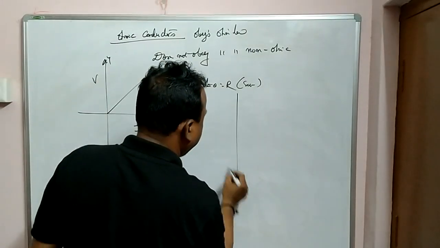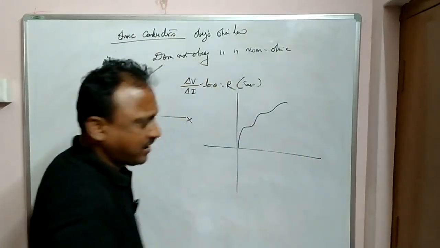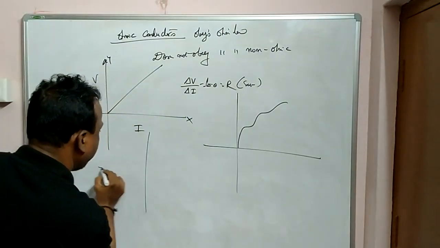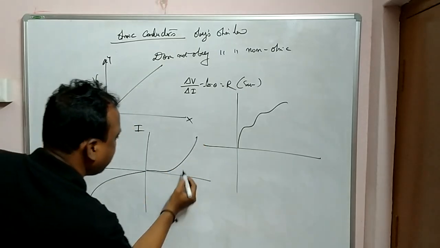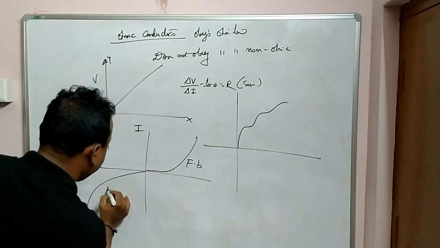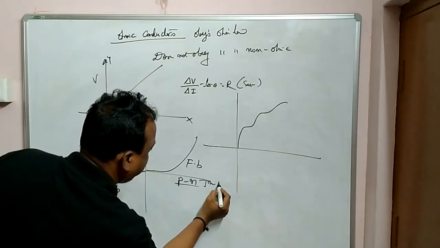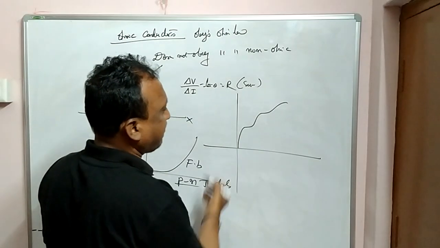Non-ohmic conductors, what happens? The graph will be somewhere like this, not a straight line, or it may be like this, like a PN junction diode. This is forward bias condition, reverse bias. This is in a PN junction diode. In a PN junction diode you can take it as non-ohmic, or you can also take vacuum tube.